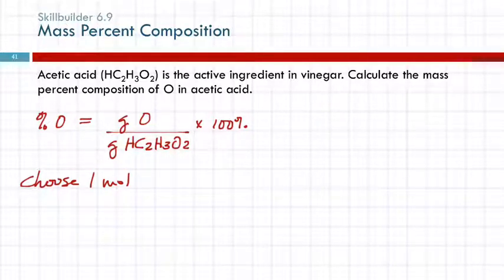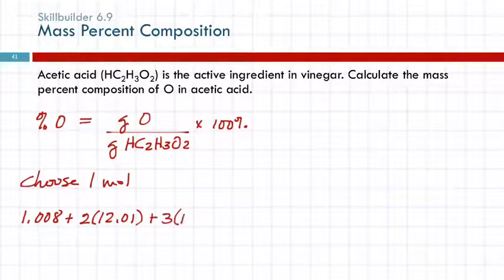So for acetic acid, 1 mole, we've got, you can combine the hydrogens if you want to, or leave them separate if you want to. So there's 1 hydrogen out front, and then there's 2 carbons, and then there's 3 more hydrogens. And then there's 2 oxygens.